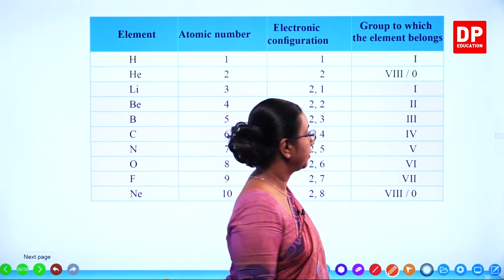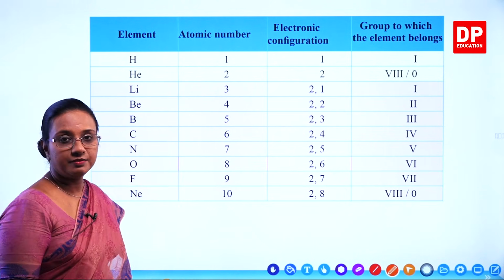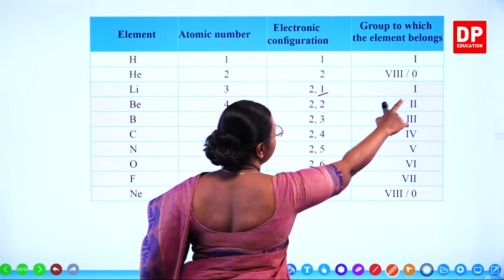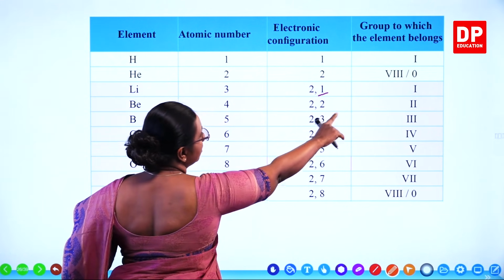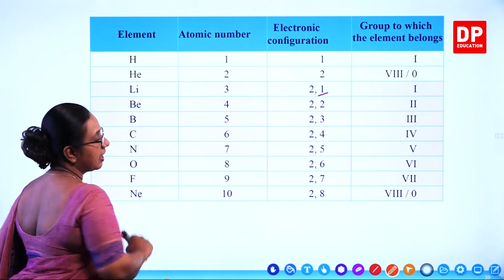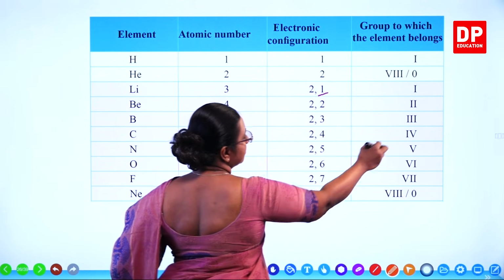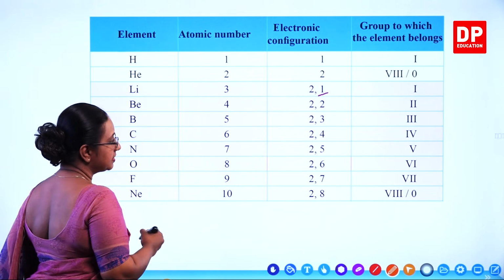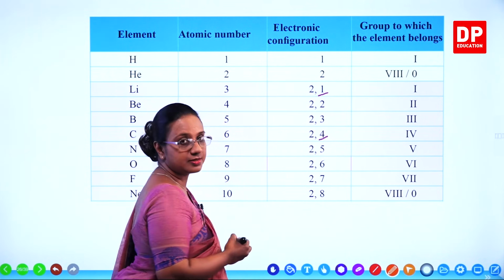Lithium, atomic number 3, electronic configuration 2, 1, group 1. Beryllium, atomic number 4, 2, 2, so it's group 2. Boron, atomic number 5, 2, 3, 3 valence electrons, so group 3. Then carbon, atomic number 6, electronic configuration 2, 4, and the valence electrons are 4.